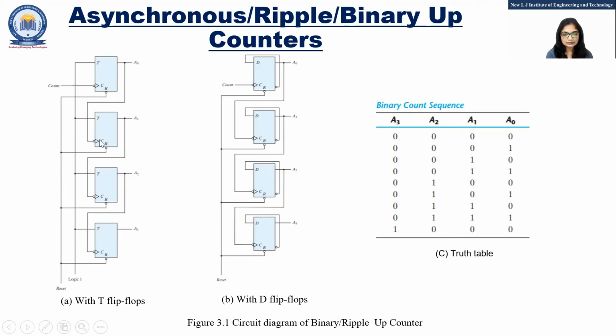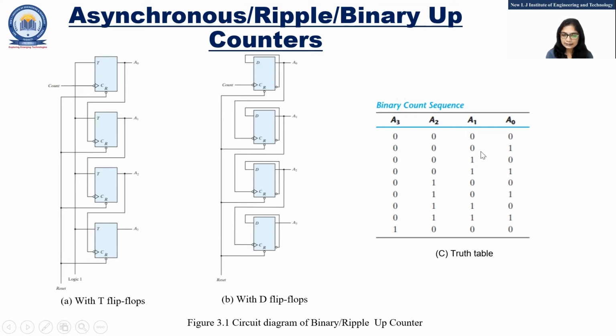Then at the negative edge of A0, this flip-flop will change its state. Then this output I am applying here. So at the negative edge of A1, this flip-flop will change its state. Similarly, at the negative edge of A2, this flip-flop will change its state.